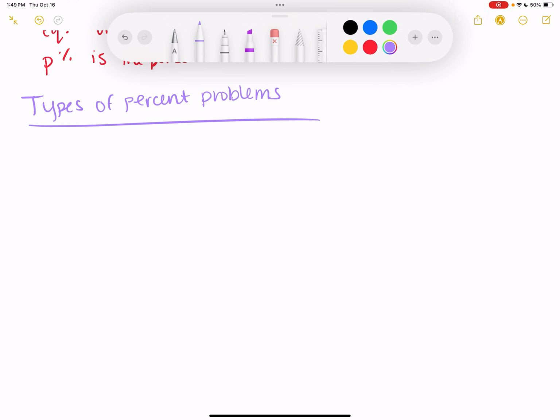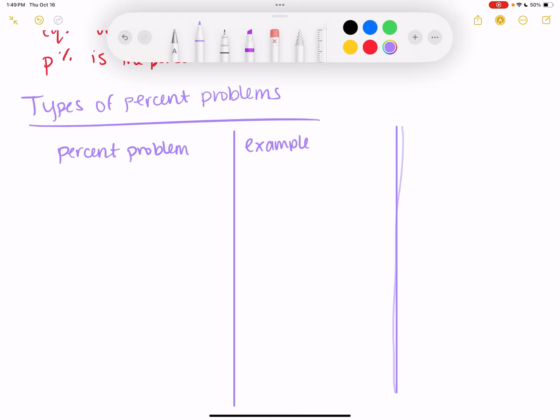Alright, so for the percent problem, we're going to make a little table here. We're going to have an example, and then we're going to have an equation.